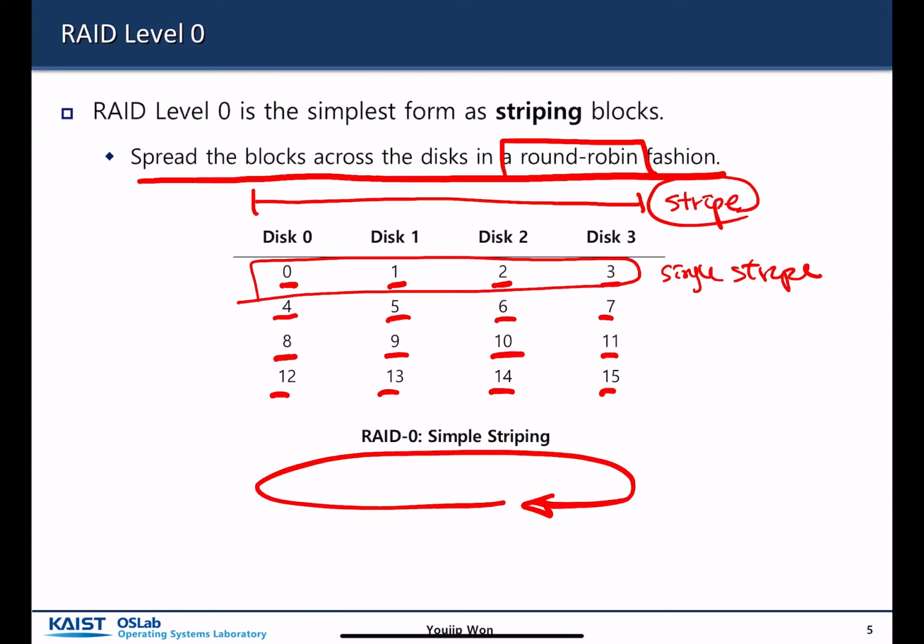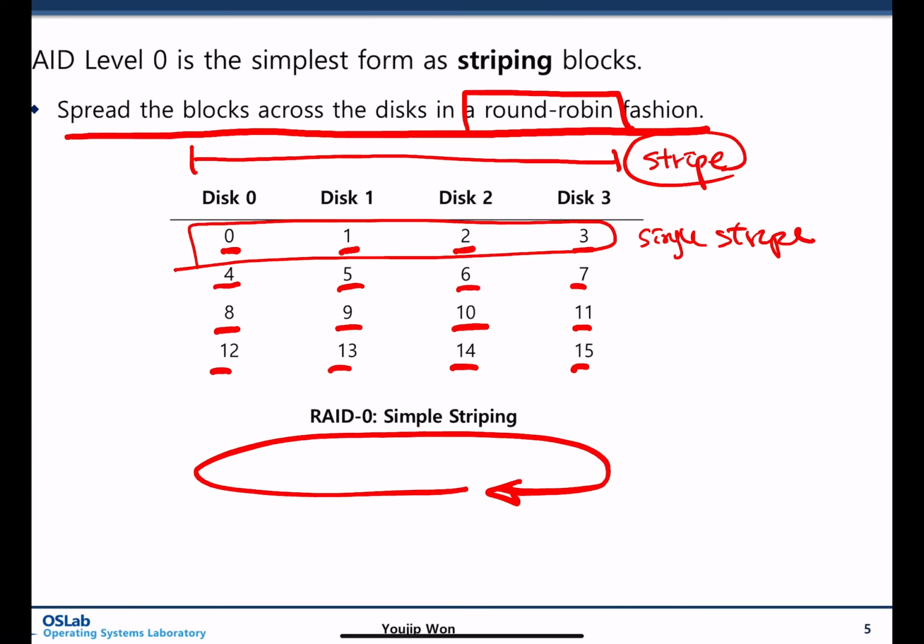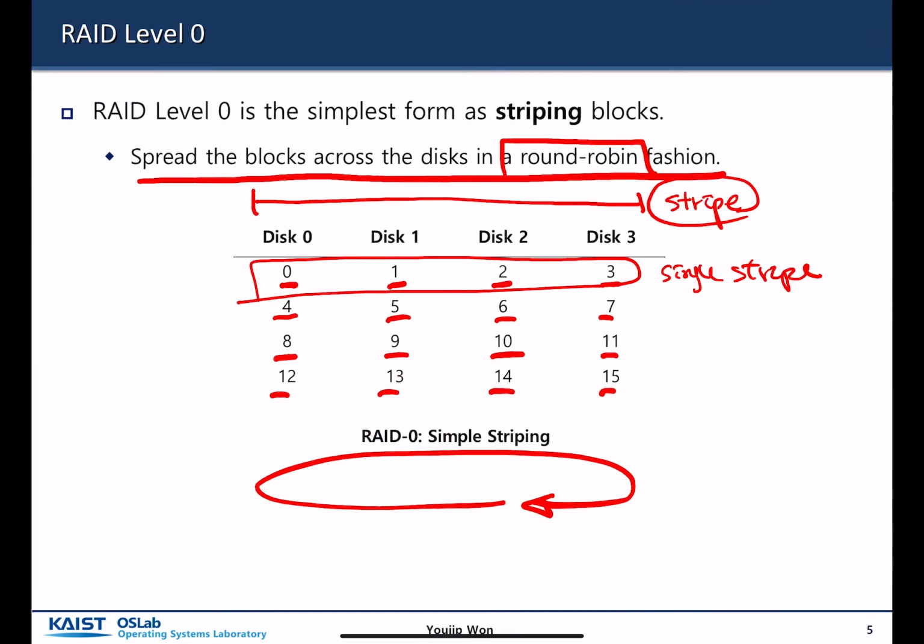So for this particular type of RAID system, the time to write 4 blocks is the same as the time to write a single block. That's the beauty of RAID, because you can write the data blocks into 4 disks in parallel. That's the advantage of employing a RAID system.